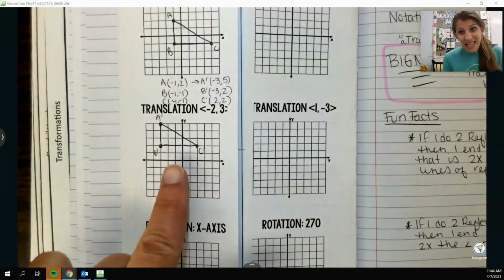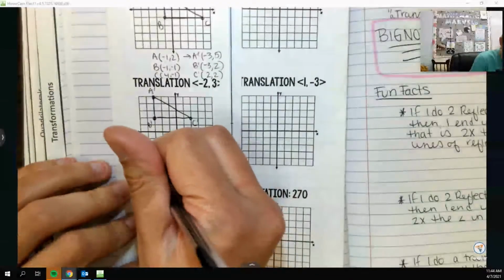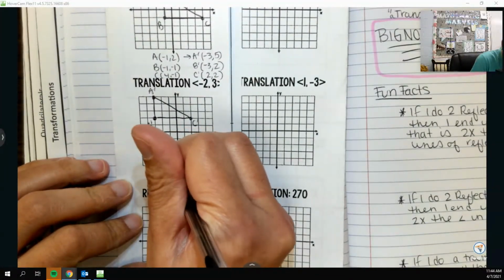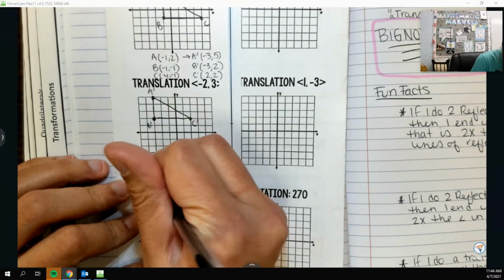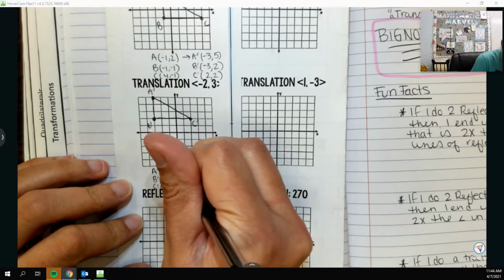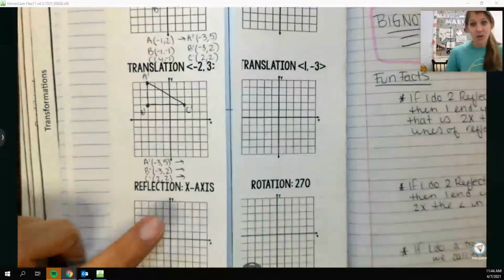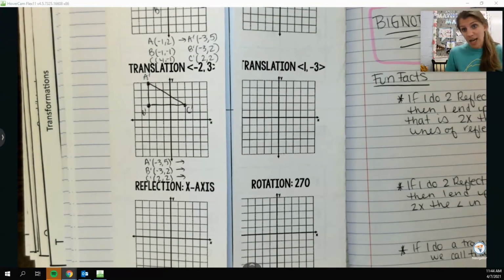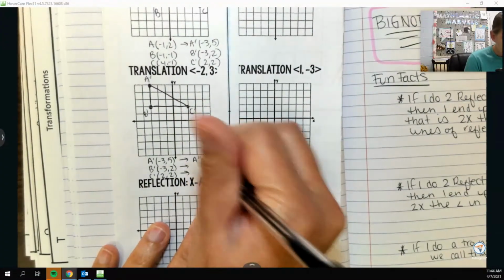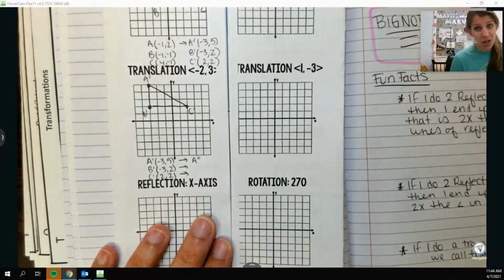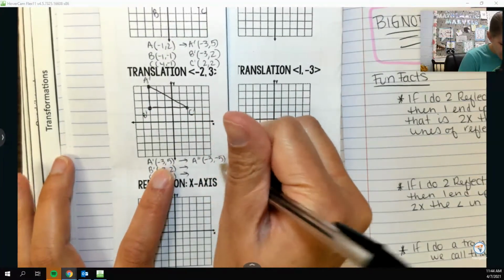Now I'm going to take all my prime points. So A prime was at -3, 5. B prime was at -3, 2. And C prime was at 2, 2. And now I'm going to take all of those and do the reflection rule for the x-axis, which is if I'm reflecting over x, I change y. So A double prime now, because I've done two things to it, is going to change y, so -3, -5.